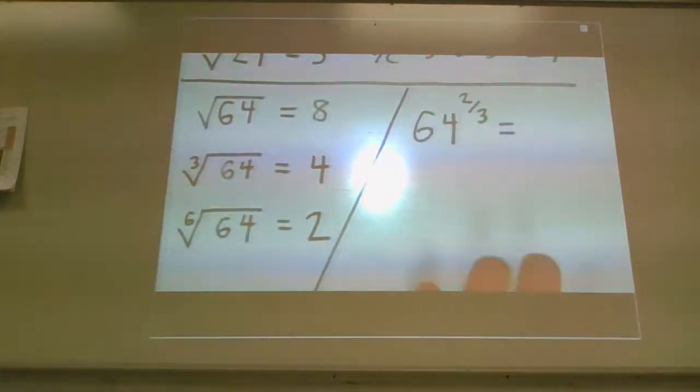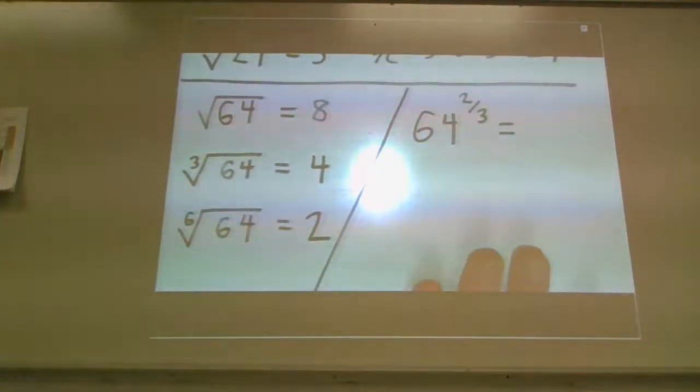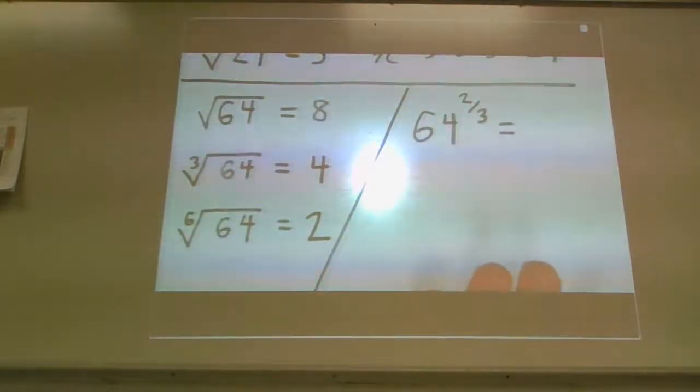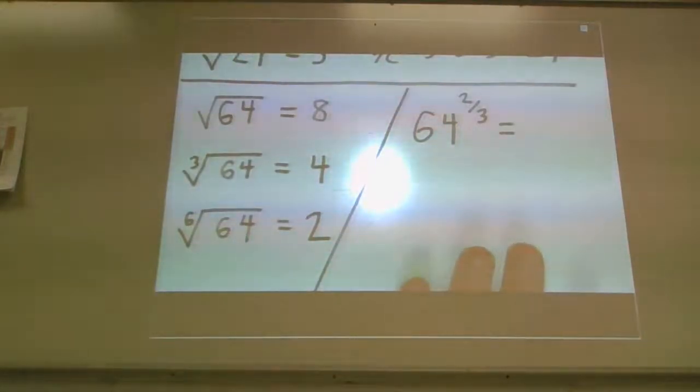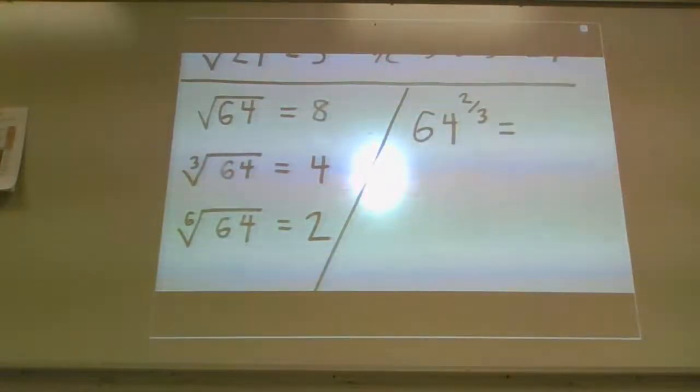But when you type it into your calculator, make sure that you put the 2/3 fraction in parentheses. This is 64 to the 2/3 power.